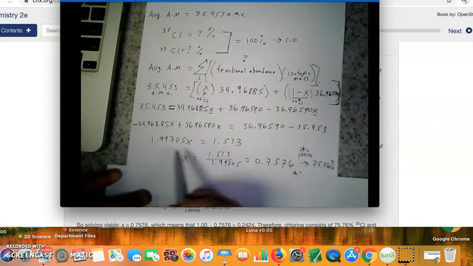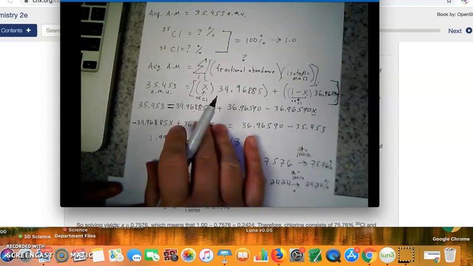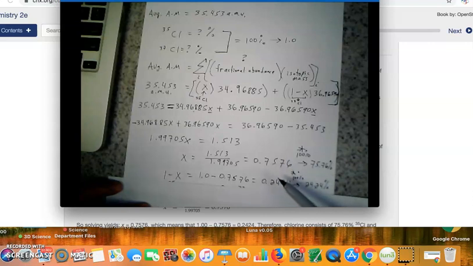It cancels on the left-hand side, but it stays on the right-hand side. And after I divide, I get 0.7576. Okay, so that is my value for X. Now I need to convert that to a percentage, so I multiply by 100% to get 75.76%.